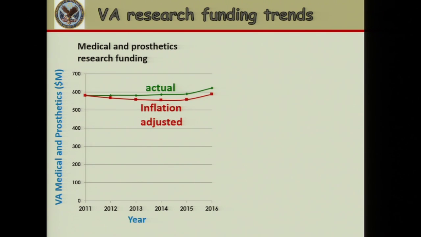This is the VA funding for medical and prosthetics research, the Department of Veterans Affairs over all of their activity from 2011 to 2016. The green line is the actual funds, the dollar amount. And if you normalize it to 2011, you see what's in red, inflation adjusted.